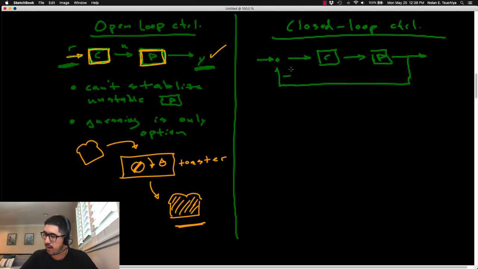That feedback path is key because it's the one ingredient that allows the error signal to contain information both about what we want, which is R, and what we actually have in real life, which is Y. That one little difference is what makes all the difference in the closed loop control diagram.